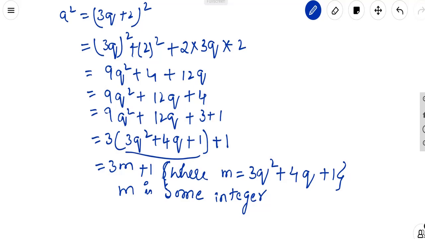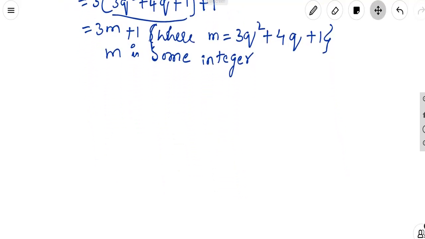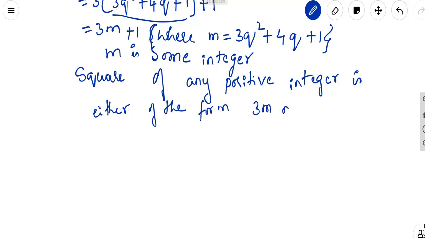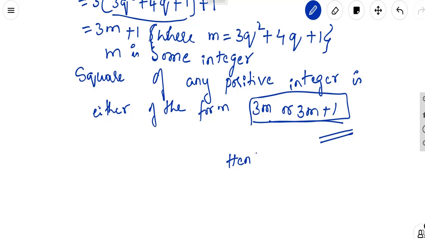Okay, so therefore, or hence, I can write: therefore, the square of any positive integer is either of the form 3m or 3m plus 1. Okay, so you can write hence proved.